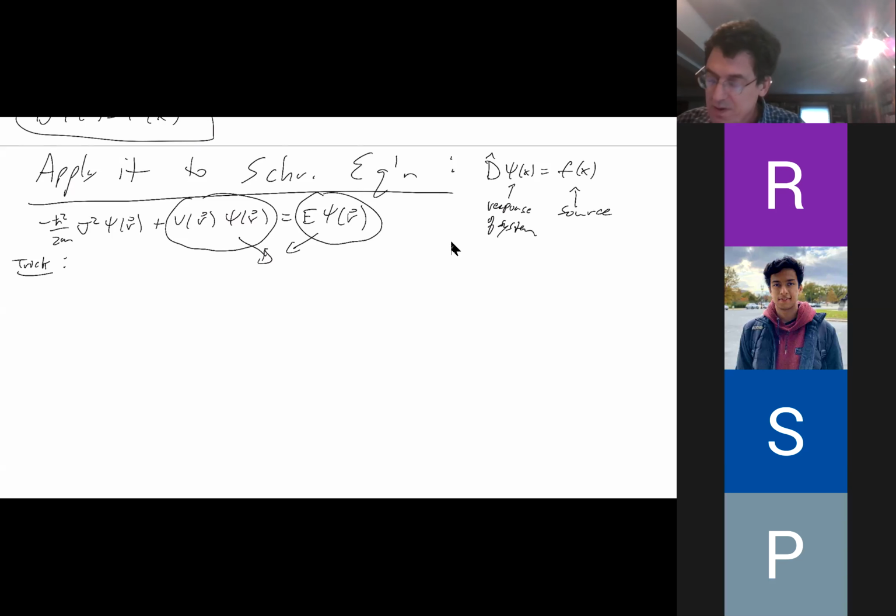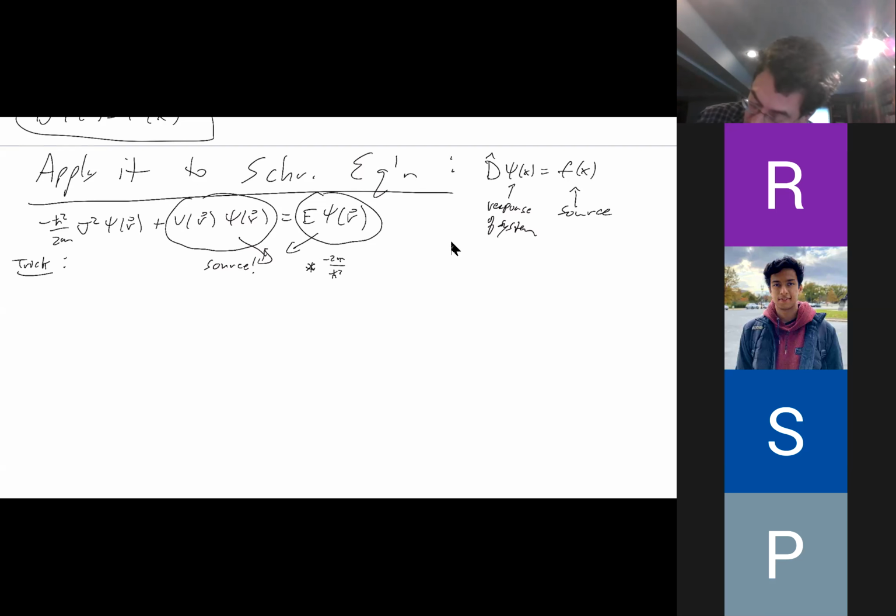But notice when we write the Schrodinger equation, the potential is on the left-hand side. So to do this Green's function way of thinking, we got to get that potential onto the right-hand side. It's just a very simple way of thinking about it, because we want that to be the source. So we multiply by negative 2m over h bar squared and move those guys over.